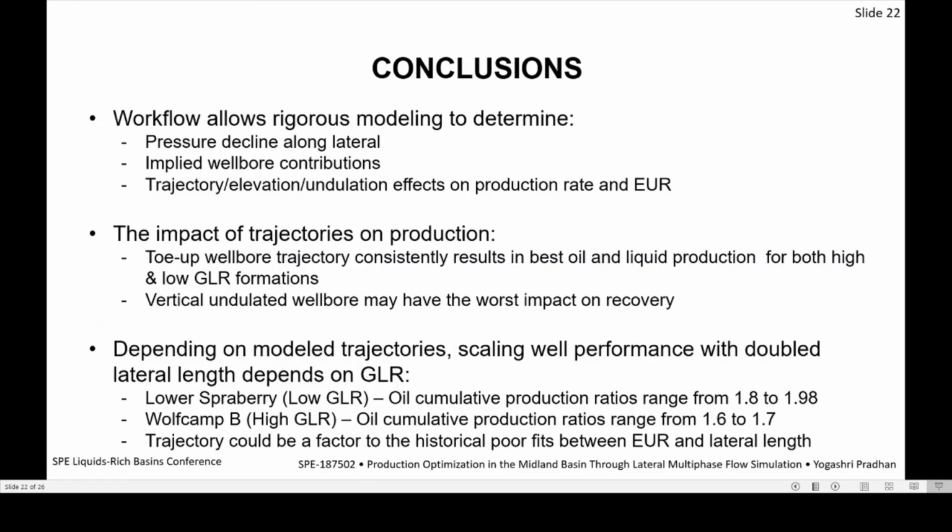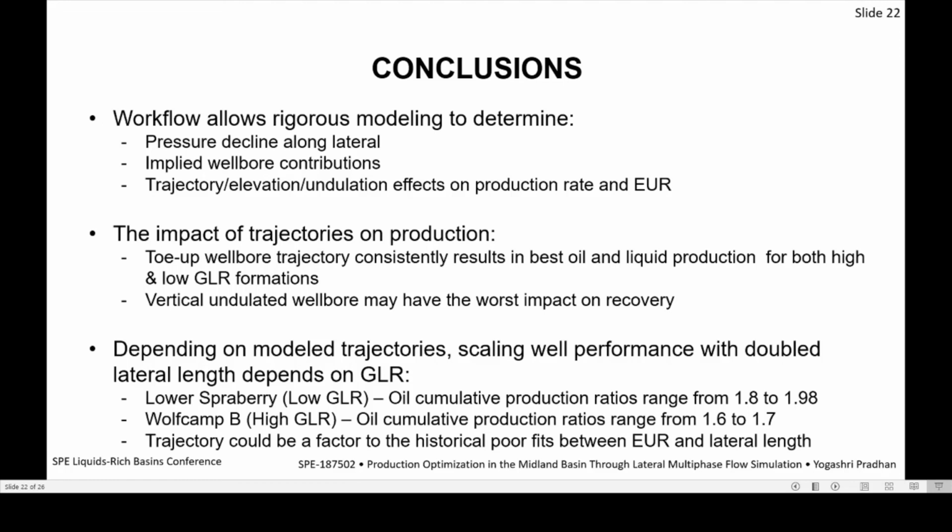So some of the conclusions: this workflow and simulation determined the pressure decline along the lateral, implied wellbore contributions, and trajectory, elevation, and undulation effects on production rate and EUR. On the impact of trajectories on production, the toe-up wellbore consistently results in the best oil and liquid production for high and low GLR formations. The vertically undulated wellbore may have the worst impact on recovery.